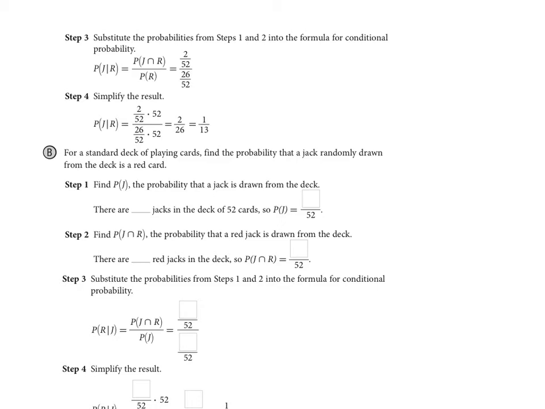For part B, for a standard deck of playing cards, find the probability that a jack randomly drawn from the deck is a red card. So you can see that we're turning this on its head. Instead of the probability of jack given red, now a jack that is drawn is my given condition, and a red card is my A. So the given condition is my B, if you will, and my red card is my A in the formula from page 1139.